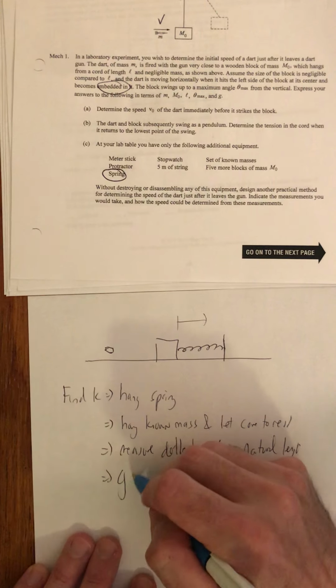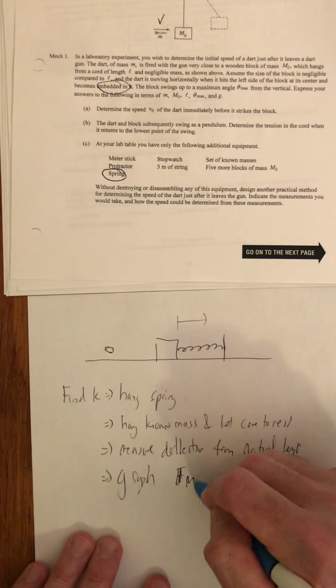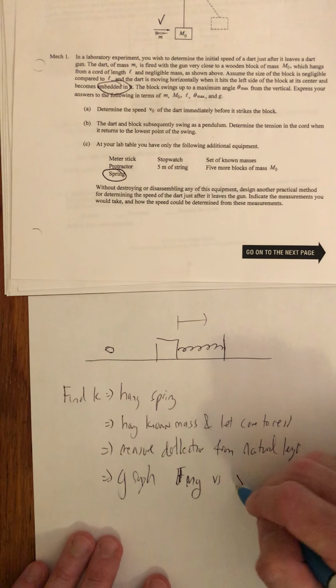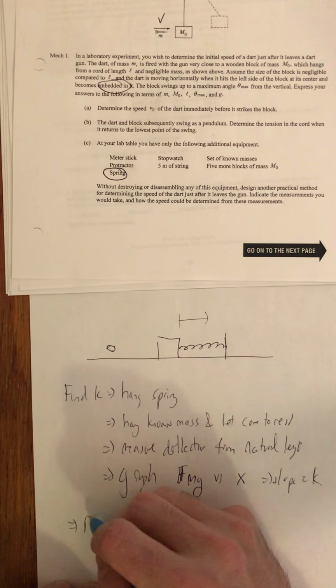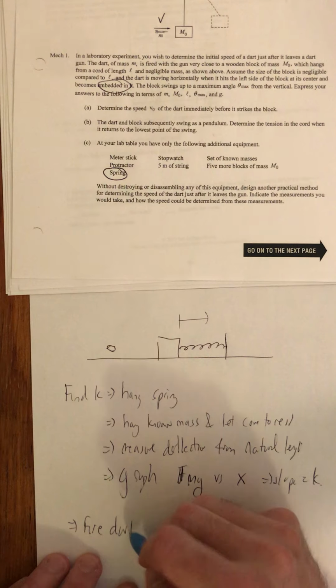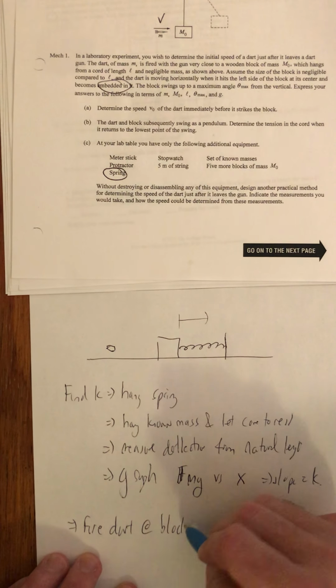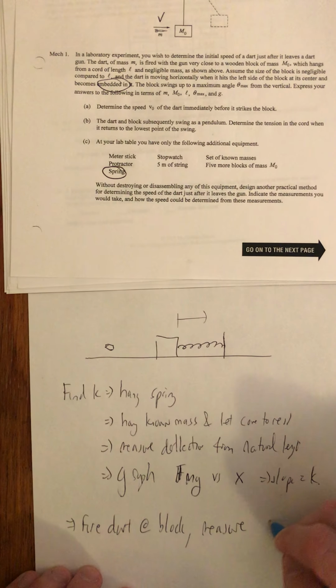And then graph F, or rather mg, versus x, and the slope equals k. And then we're going to fire the dart at the block, and measure the compression.